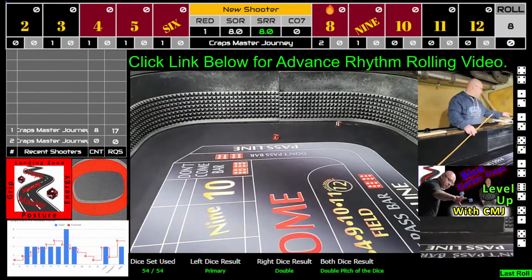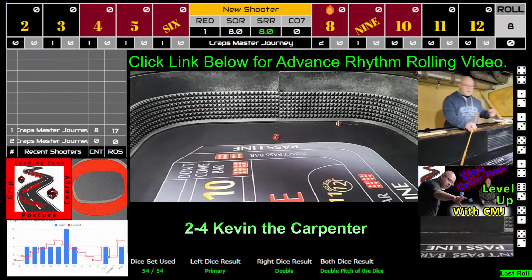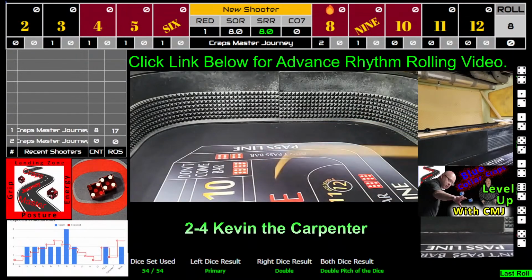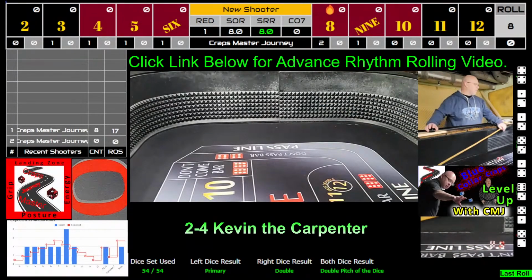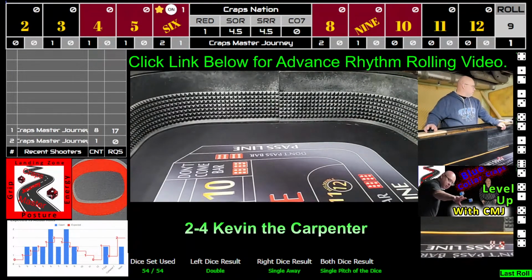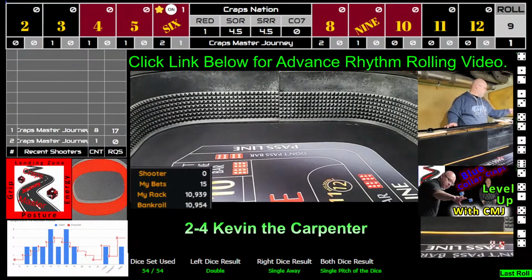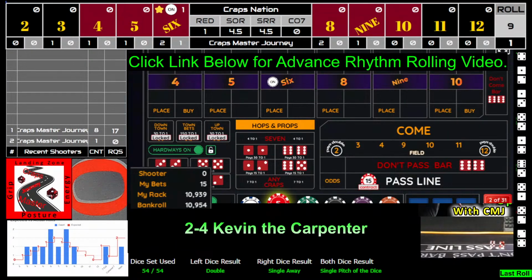Two, 4, 6. Get the carpenter 2x4, so let's mark that point of 6. 5-4, 5-4. We got a 2, 4, 6 result. So turns on that 6, marking point of 6.